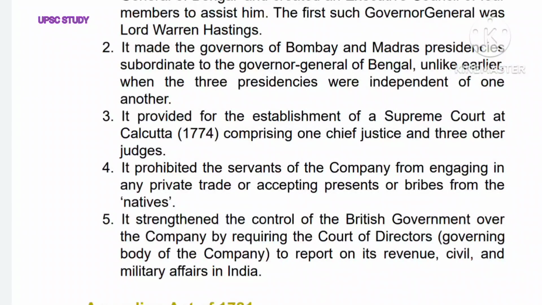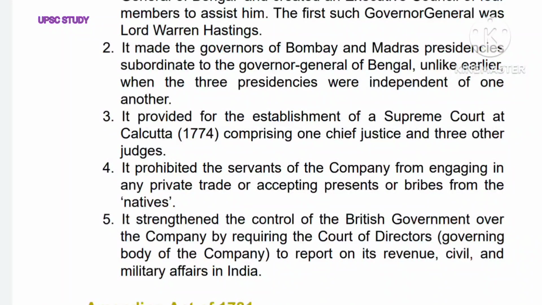Number 3. It provided for the establishment of a Supreme Court at Calcutta, 1774, comprising 1 Chief Justice and 3 other judges. Number 4. It prohibited the servants of the company from engaging in any private trade or accepting presents or bribes from the natives.